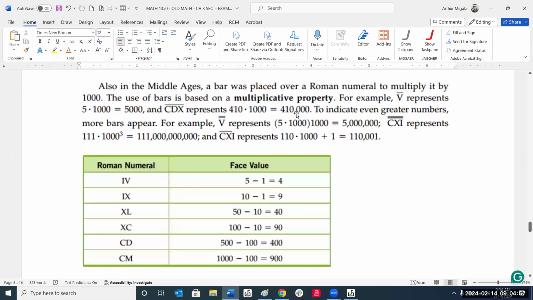However many bars you have on top, that's how many thousands you have. So this is a CXI, so it's 111. But you notice how the bar only stops at CX, not over the I.